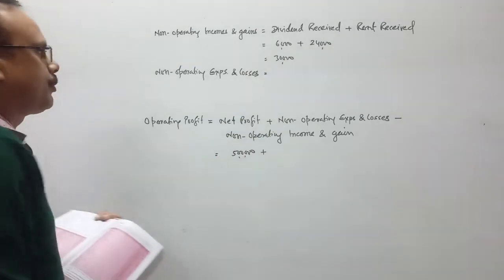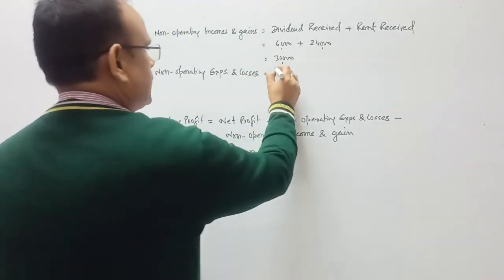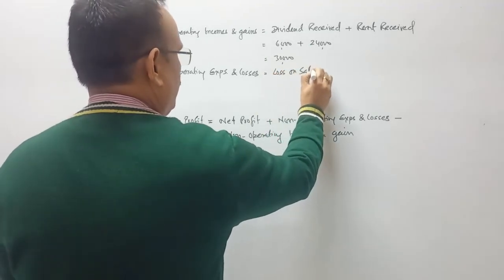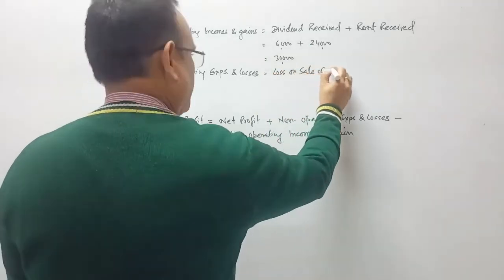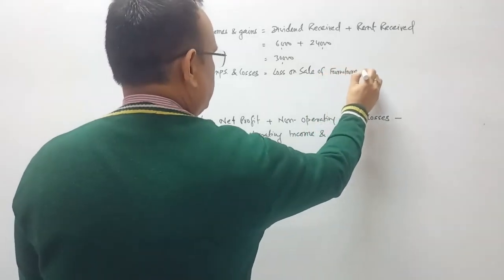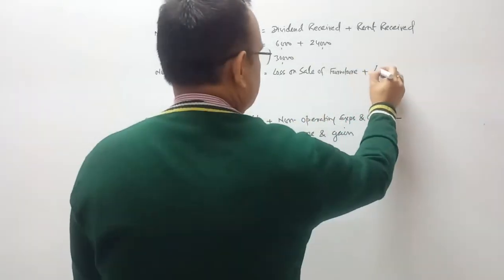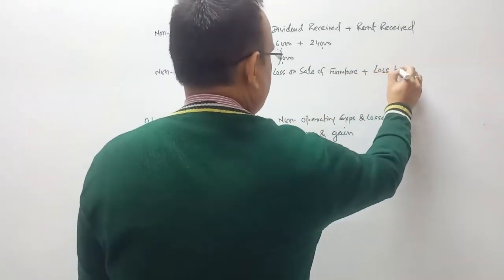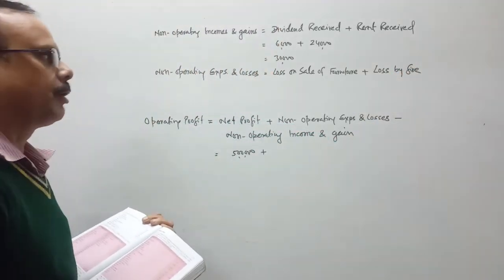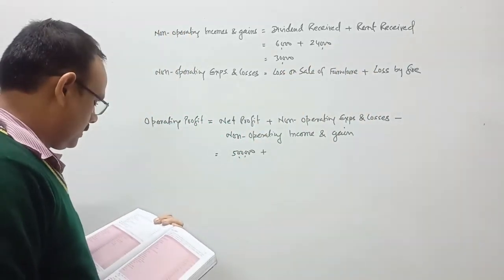What are the non-operating expenses and losses in this question? Loss on sale of furniture is a non-operating loss, plus loss by fire, which is also a non-operating loss.